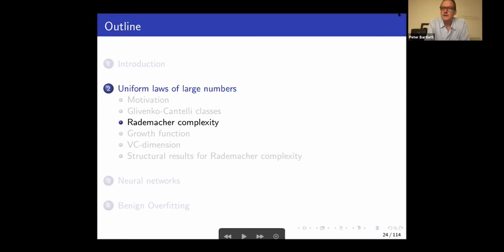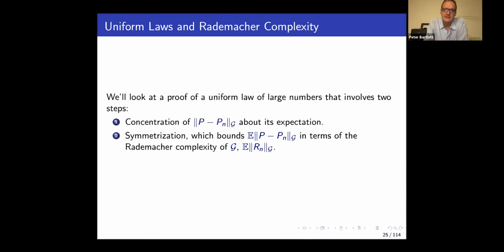Okay, so that's where we're headed, and the Rademacher complexity, it turns out, is a central object in the Glivenko-Cantelli property, central object in these uniform laws of large numbers.